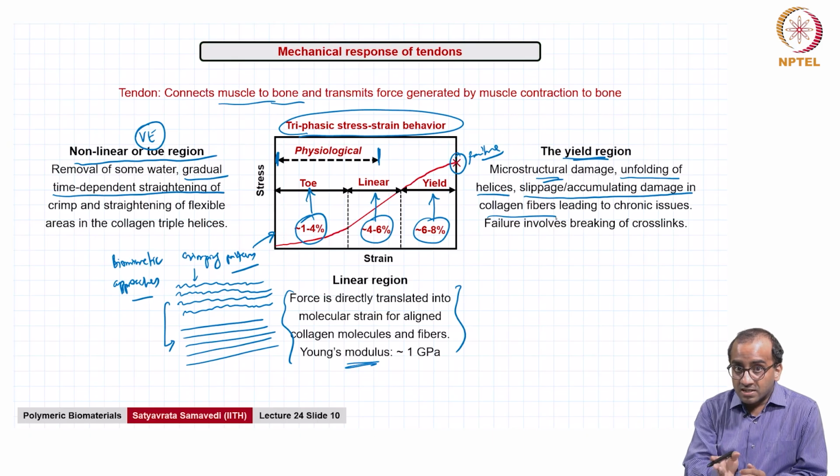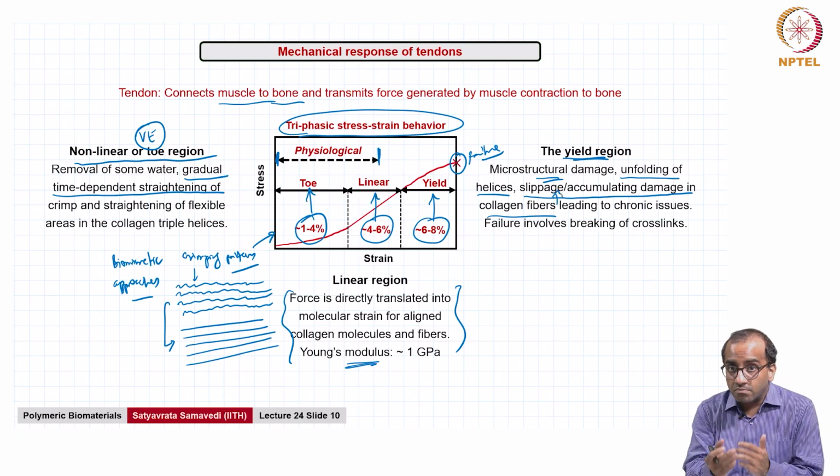And in exercise, perhaps very heavy exercise, you're probably relying upon small microstructural damage every now and then, leading to more repair and deposition mechanisms that build collagen, right. But of course, if you've gone well into the yield region, then you have things like slippage and then accumulating microstructural damage that just continues.